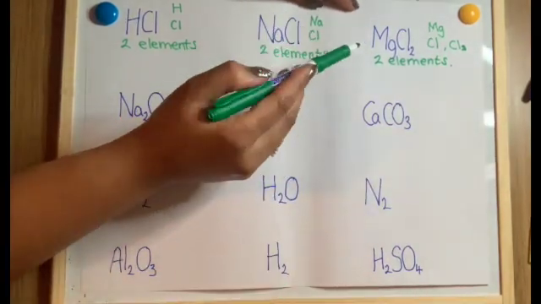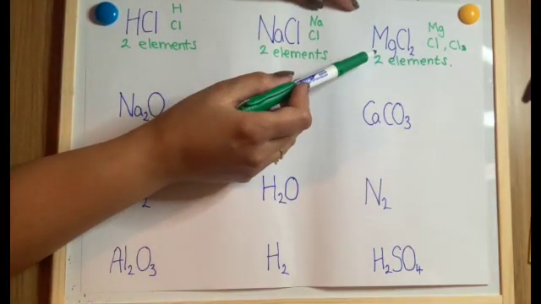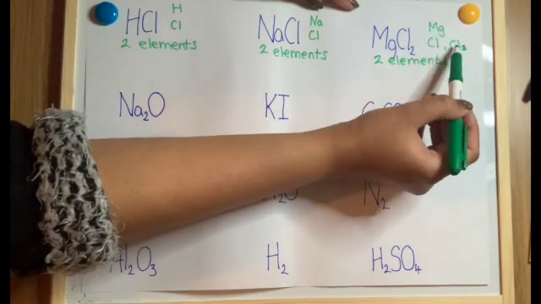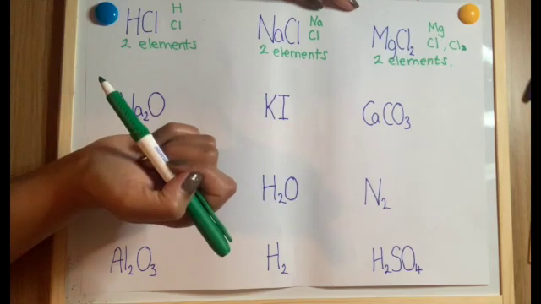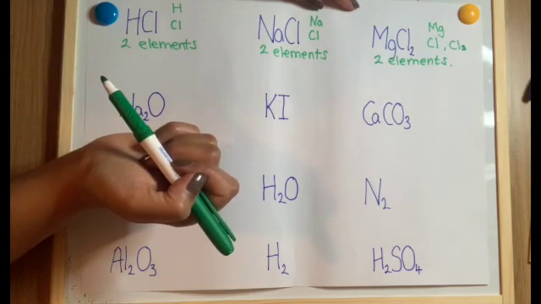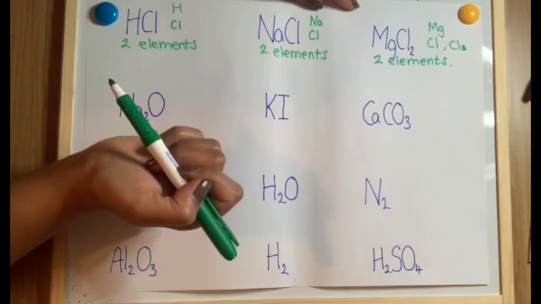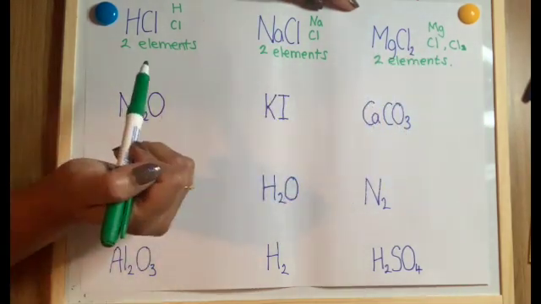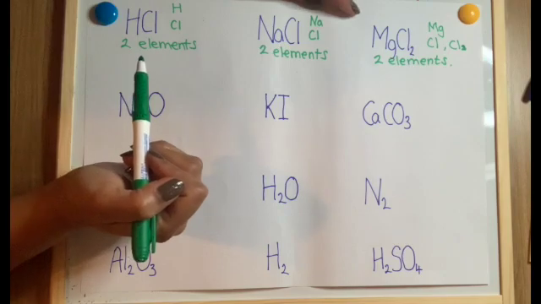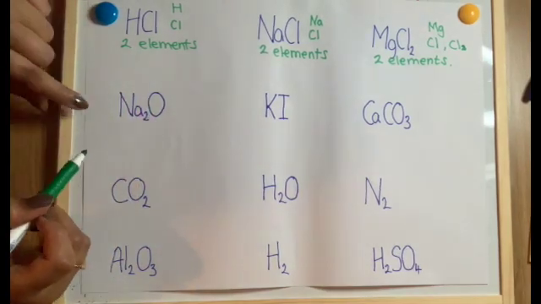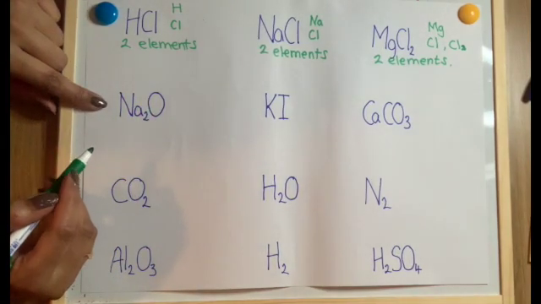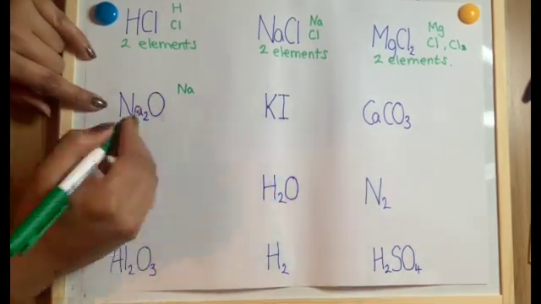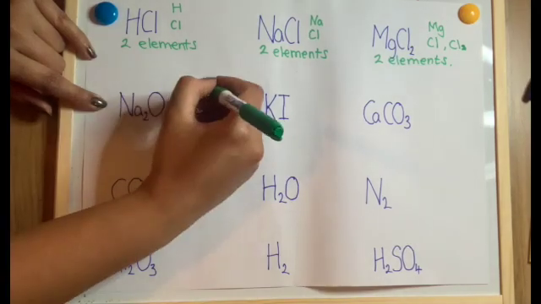Now, if I was asked how many atoms do I have, then I would say I've got 1, 2, 3 atoms. But if I'm asked how many elements do I have, magnesium and chlorine, so I have 2 elements. Now if we look at sodium here, I've got sodium, but the 2 means I've got 2 sodiums.